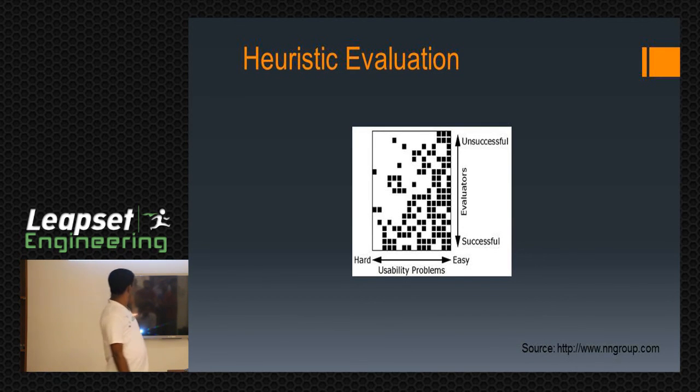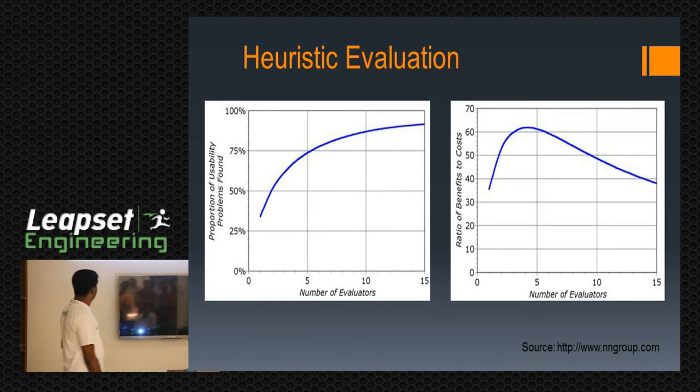This is a simple graph which shows how heuristic evaluation helps you find usability issues. The columns are usability issues and the rows are users. Each black dot represents an identified issue.